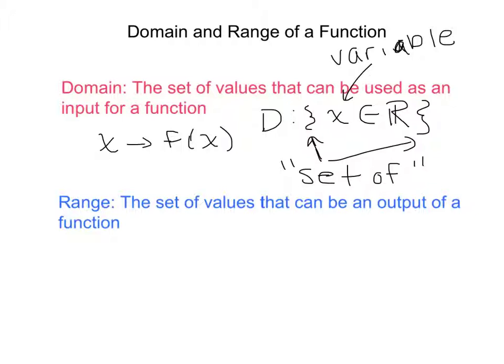And this symbol that looks kind of like a rounded E is a capital epsilon, and when you read that, you're saying it is the element of. And as I said, the R stands for real numbers.